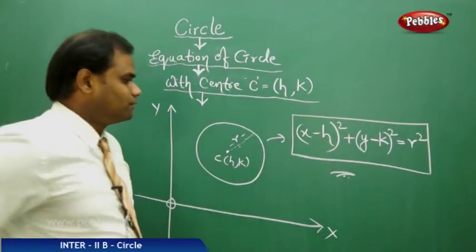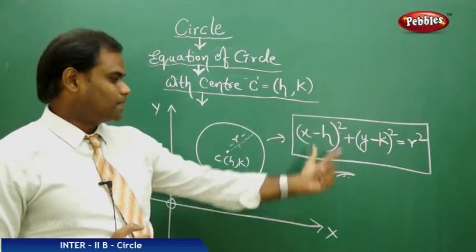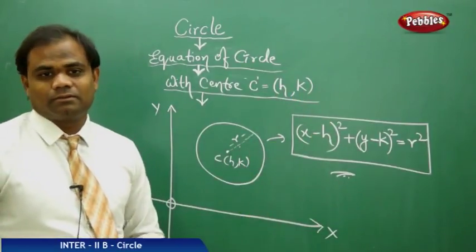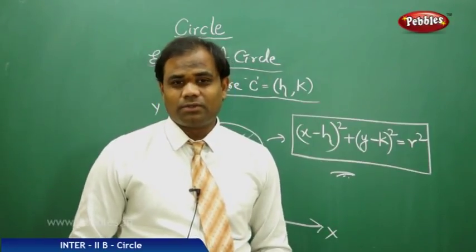So this is how we define the equation of a circle with center h, k and radius r.